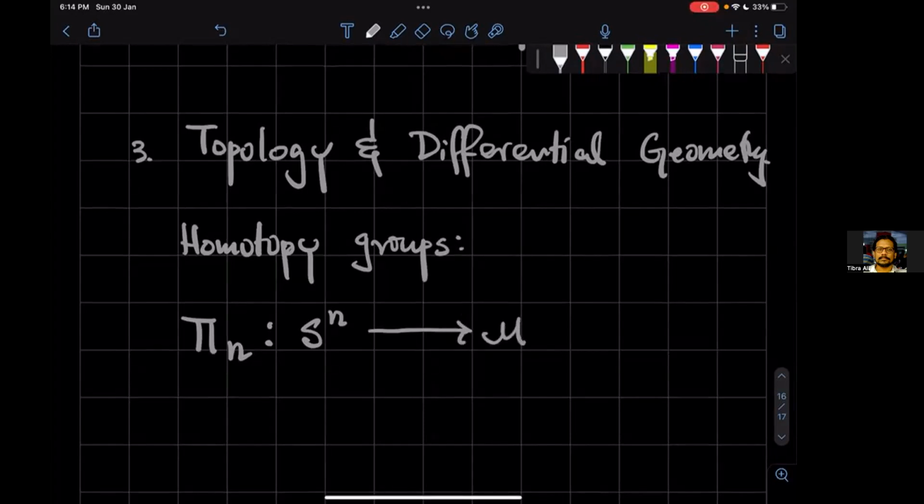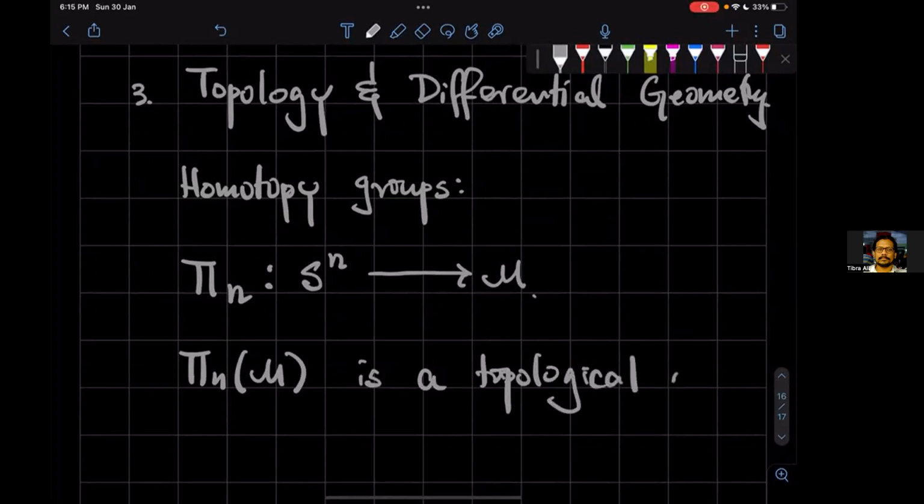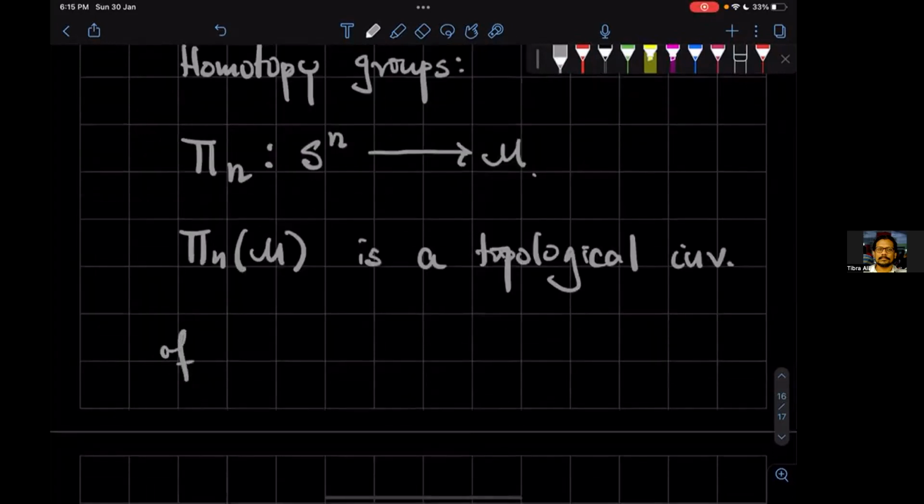Okay. So the homotopy group of that manifold M, or that space M, is a topological invariant of that space.